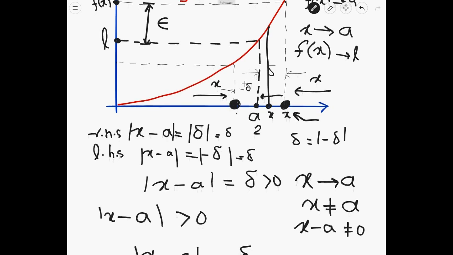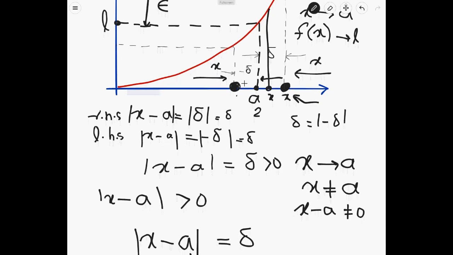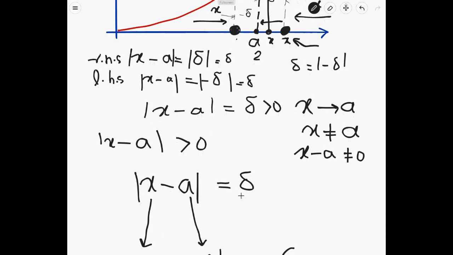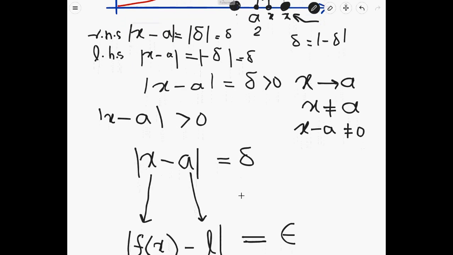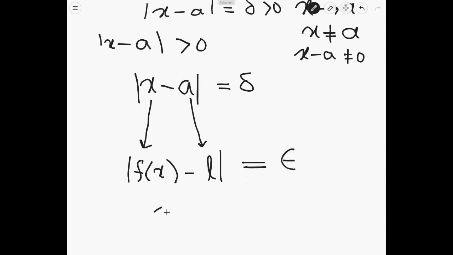So we will write down here that this difference x minus a is equal to delta. When you are moving closer to point a, this difference x minus a becomes smaller, and it becomes smaller than delta.